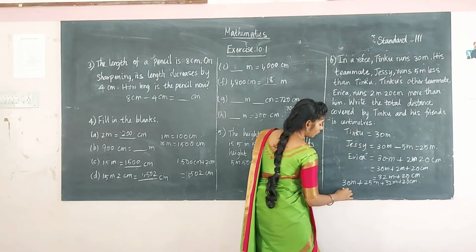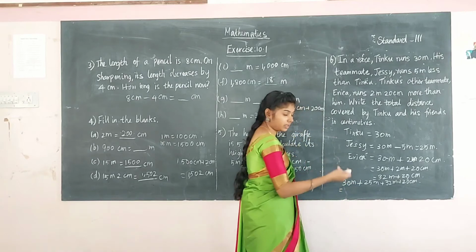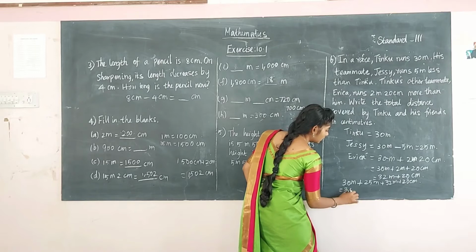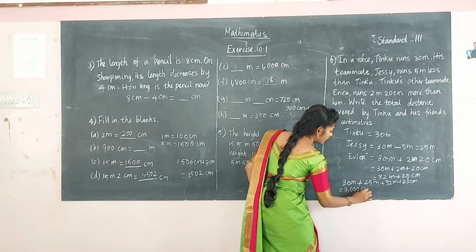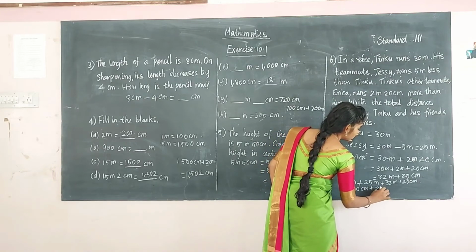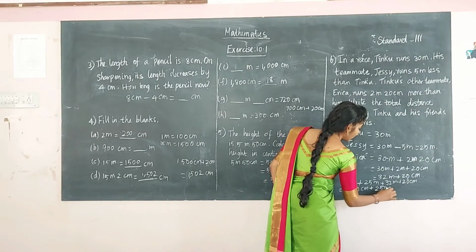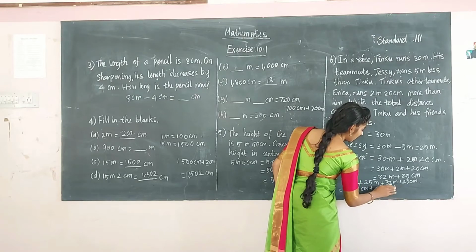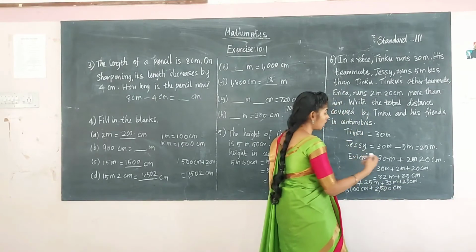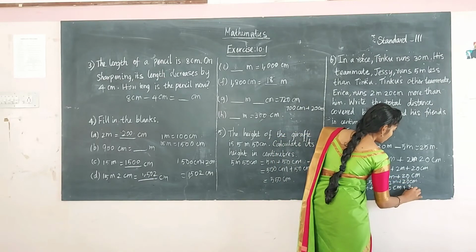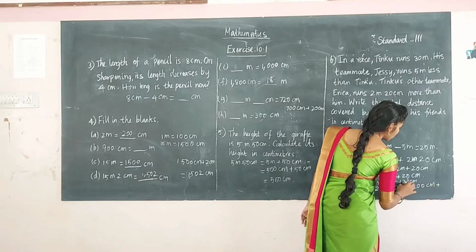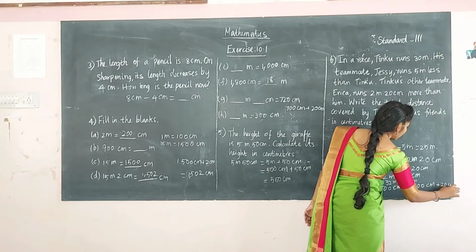So here what we have to do is convert into centimeters. So 30 meters in centimeters is 3000 centimeters, and 25 meters is 2500 centimeters, and then 32 meters is 3200 centimeters, and at last 20 centimeters.